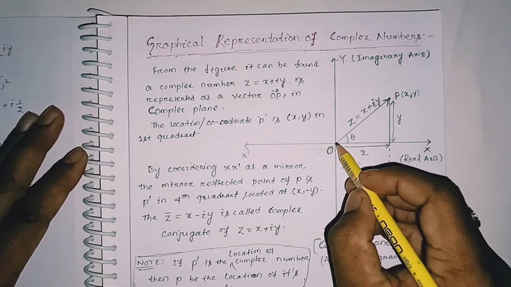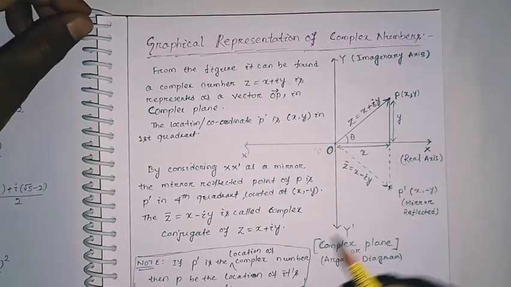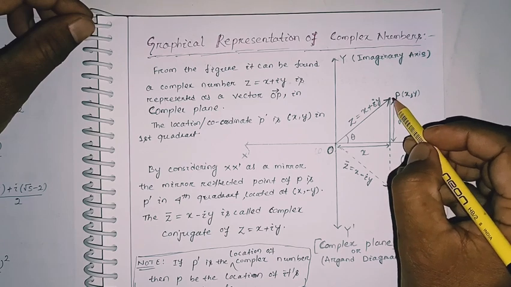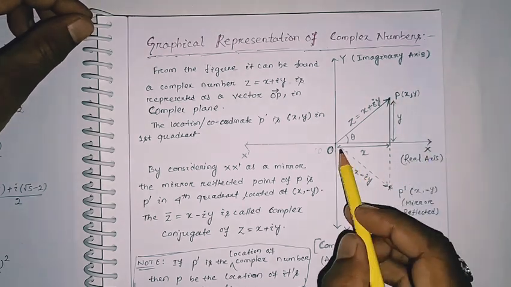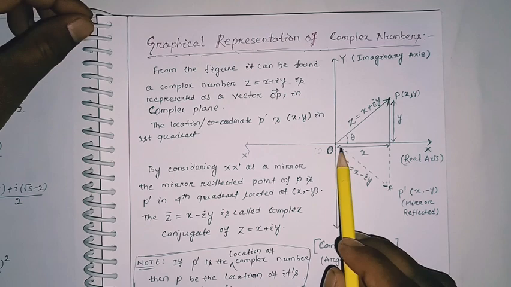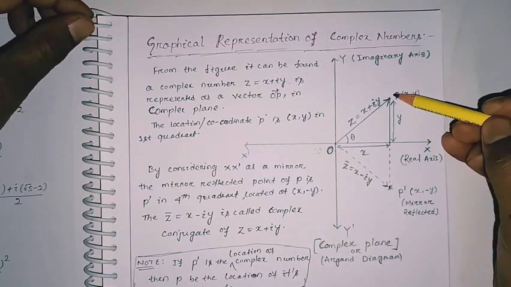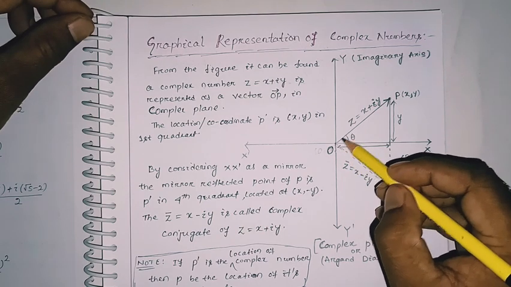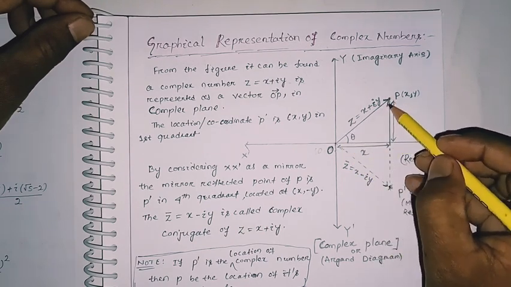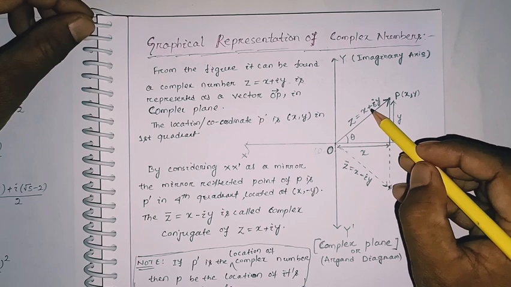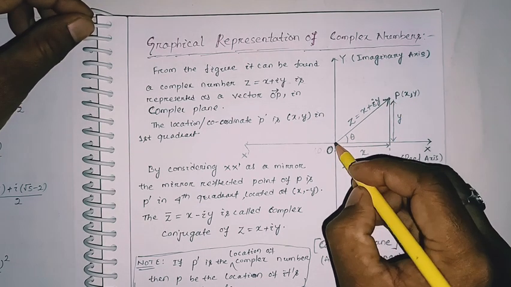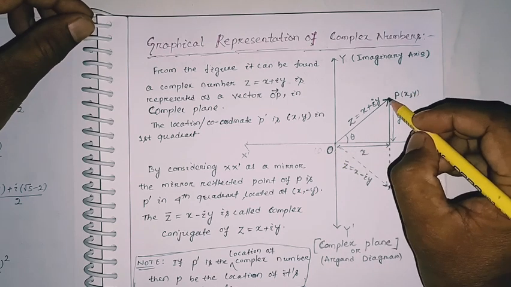And this is the center O. We consider one point located at x, y. P is the point located at x, y. Its real component is x, and its imaginary component is y. And z, the complex number, is represented as one vector, that is z equal to x plus iy. This is one vector represented from the origin O to that point.